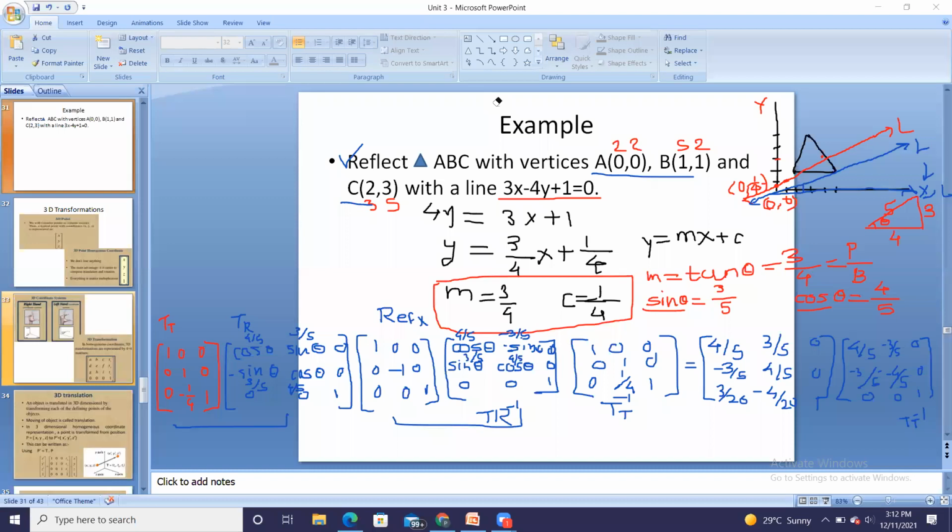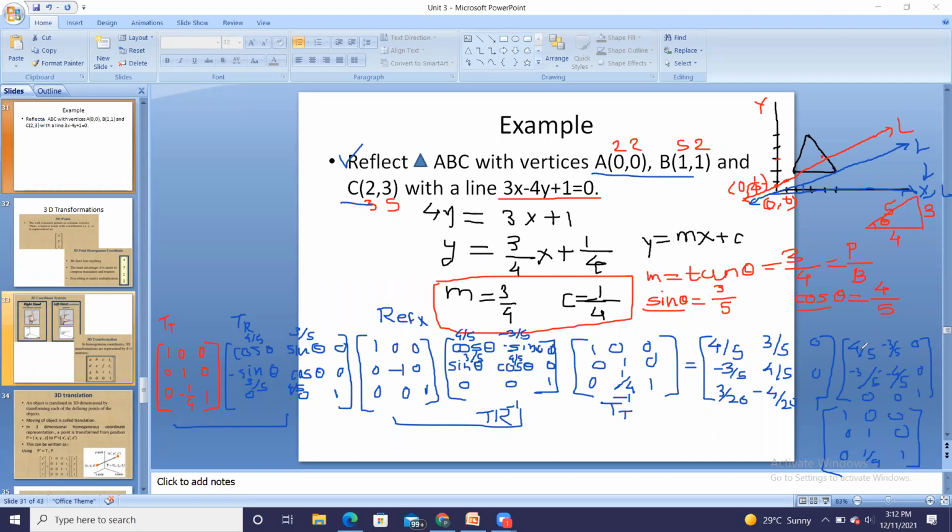Okay. So I will perform multiplication with TT inverse. That will be easier. Multiply it with 1 0 0 0 1 0 0 1 by 4 0 1 by 4 1.